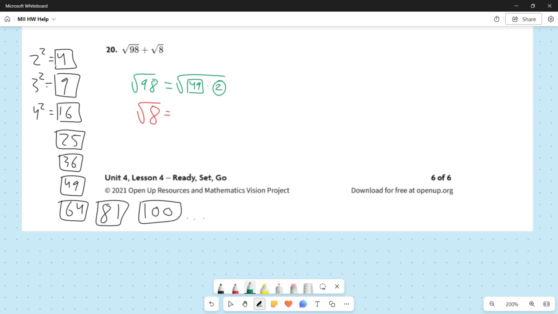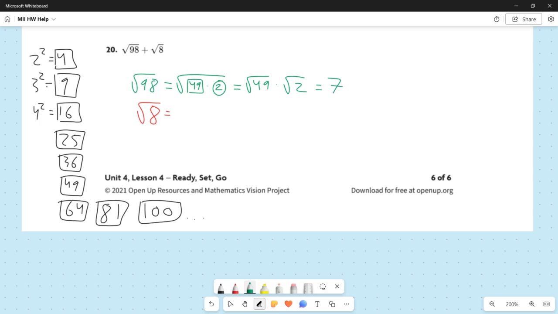2 is not a square number, but that's fine. And what we can do here is take our big square root and break it up into 2 square roots. Right? We are allowed to do that mathematically. And our 2 square roots now are being multiplied. So we took the big one and broke it up into 2. What's nice about this is that if you do this correctly, the first square root, the square root of 49, is 7.